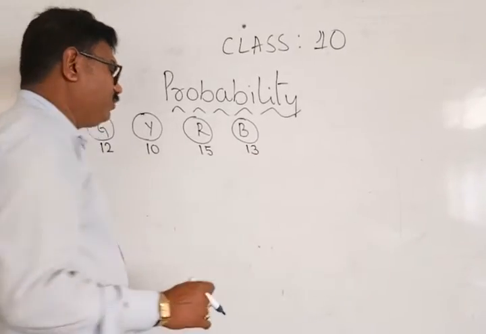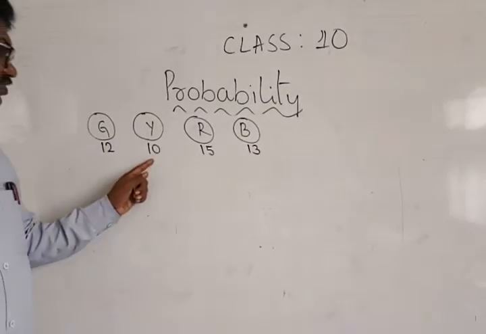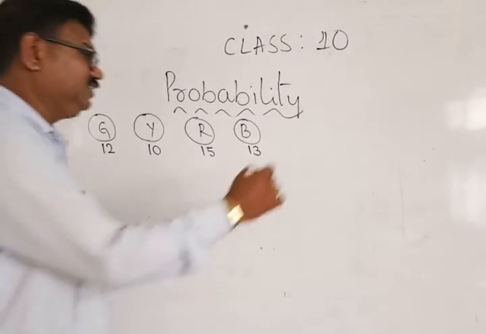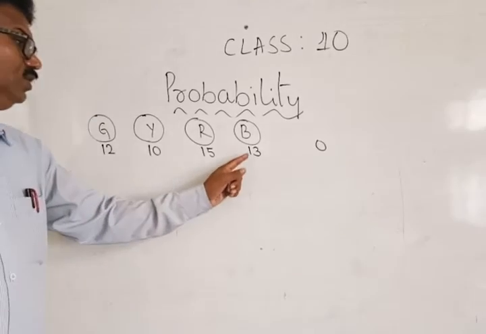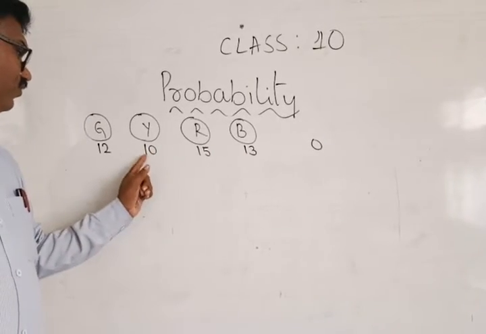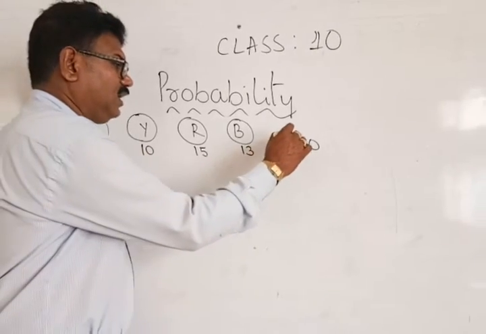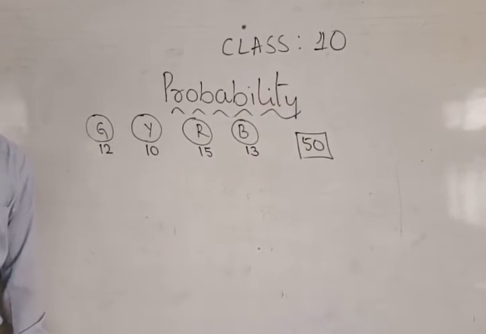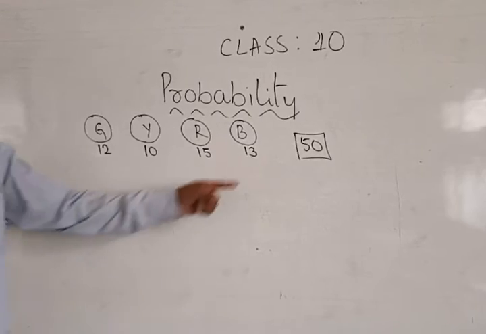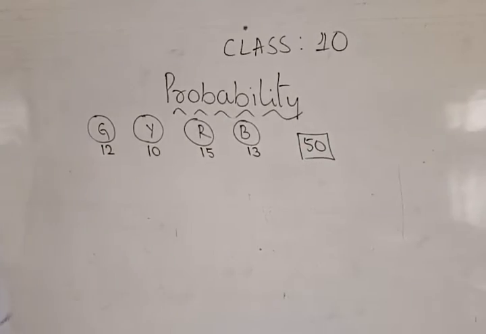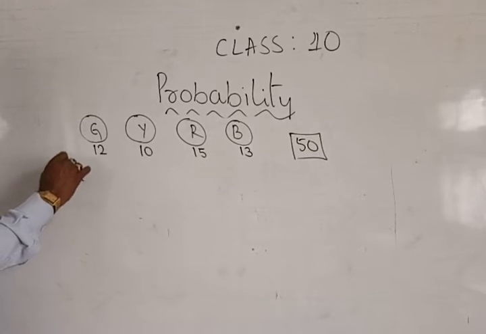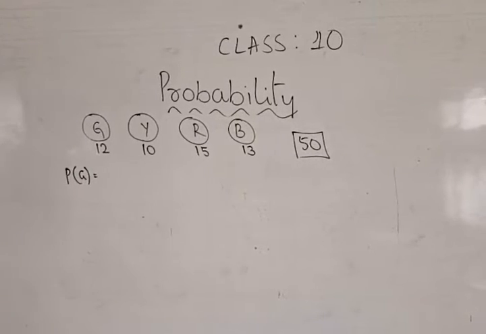Therefore, how many are there? 12 plus 10 plus 15 plus 13. Therefore, how many outcomes total? 50 outcomes. 50 marbles total.